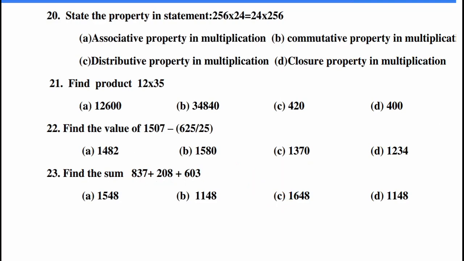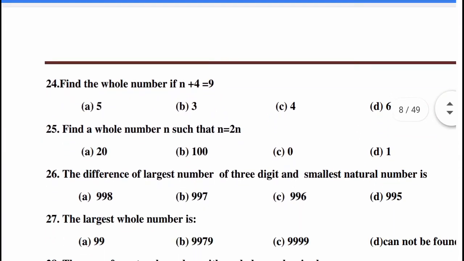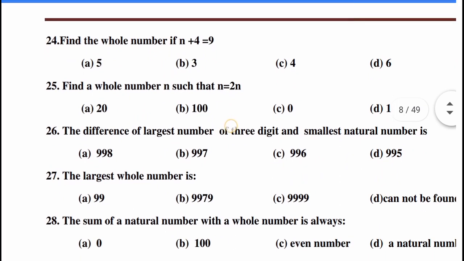Question number 24. Find the whole number if n plus 4 is equal to 9. And first of all, we will take value of n is equal to 5, and then we'll check the answer is 9 or not, right?